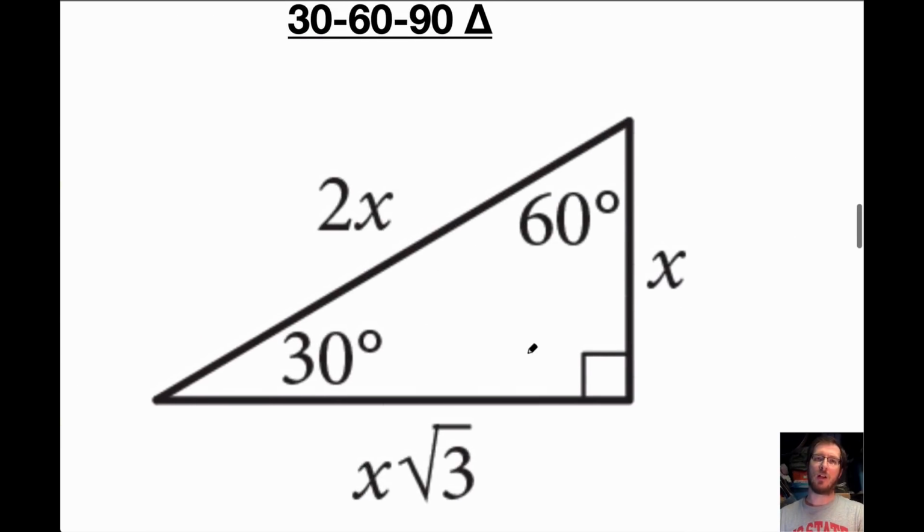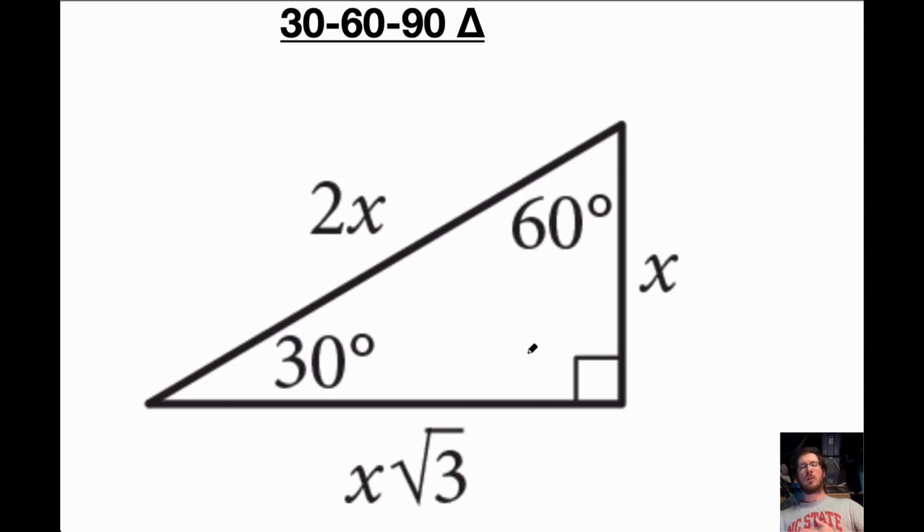All right, for a 30-60-90 triangle, you don't have congruent sides because we don't have any congruent angles. We've got three different measures for our angles, 30, 60, and 90. And it turns out that the side opposite the smallest angle is always going to be our short leg. The side opposite the 60-degree angle is going to be our long leg.